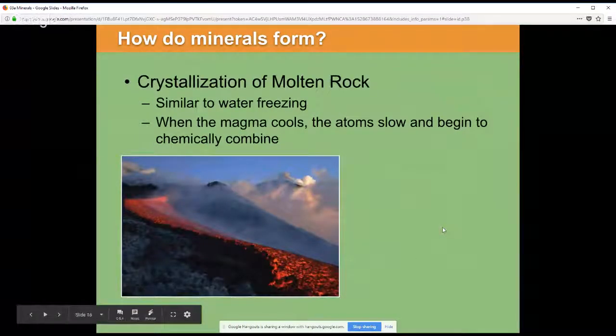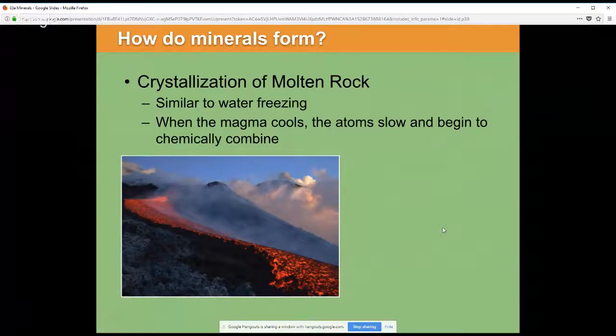You can also get crystallization of molten rock. Same idea as the solution, in this case molten rock starts to cool off. The different ions floating around in the magma start to slow down and bond with each other and connect and form new minerals like feldspar and quartz or olivine, depending on the composition of the magma.